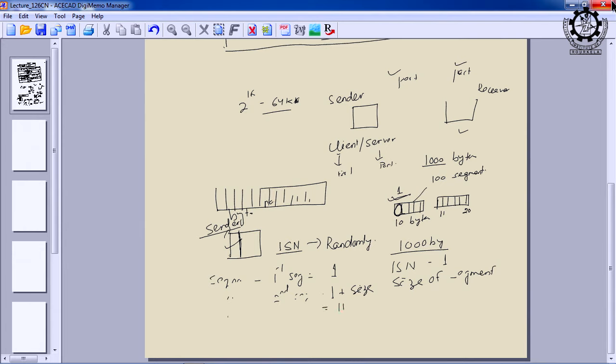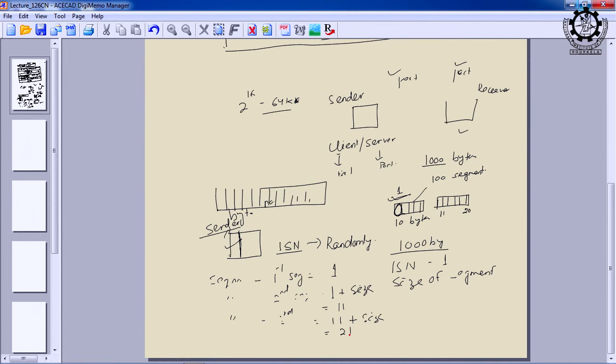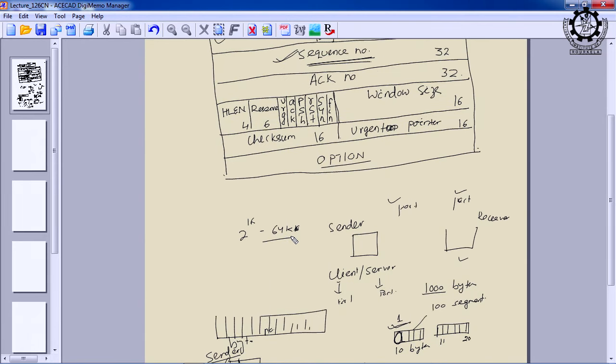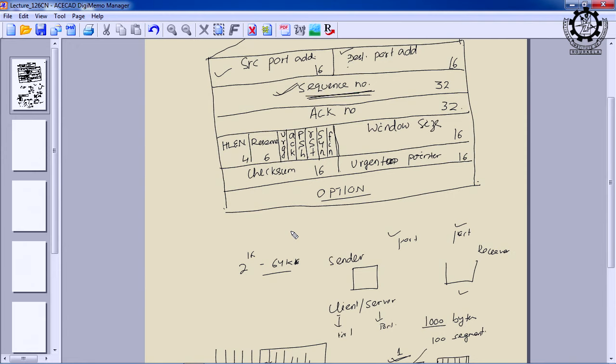And the sequence number of the third will be the earlier one, 11, plus the size again, which is equal to 21. That means the first byte number of every segment is decided by the sequence number and the size of the previous segment. By calculating these two values, the current sequence number is generated, and that is given in the sequence number field, this one.